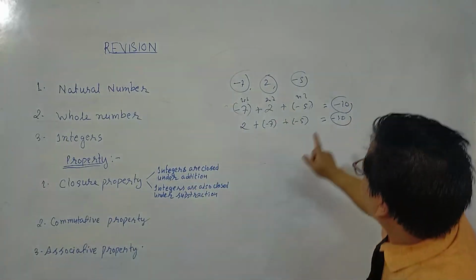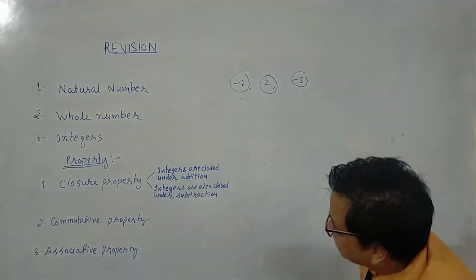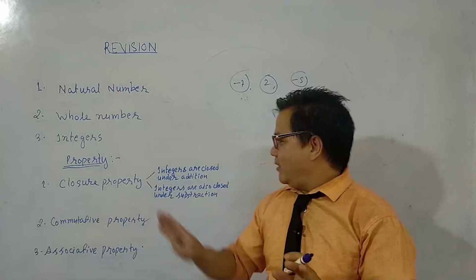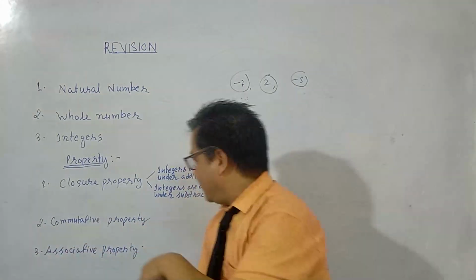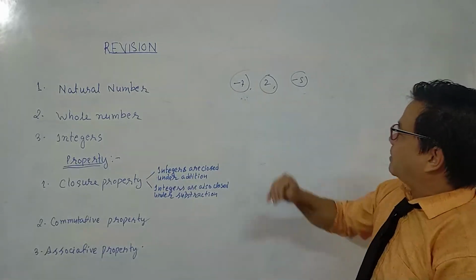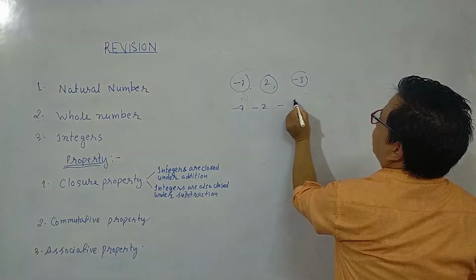In addition we can apply the commutative property, we can change the order of the numbers. But suppose it is subtraction: minus 7, minus 2, minus 5.